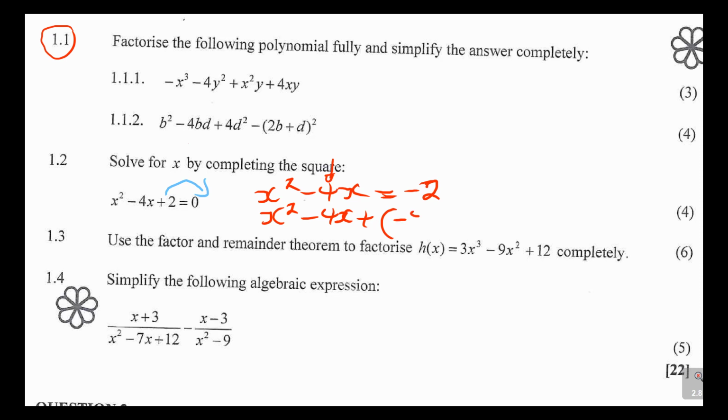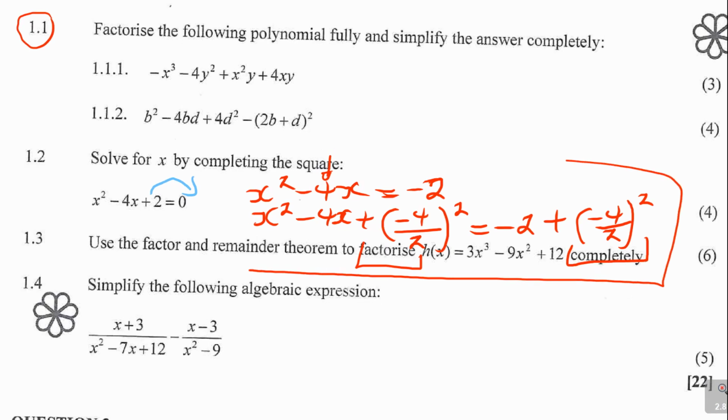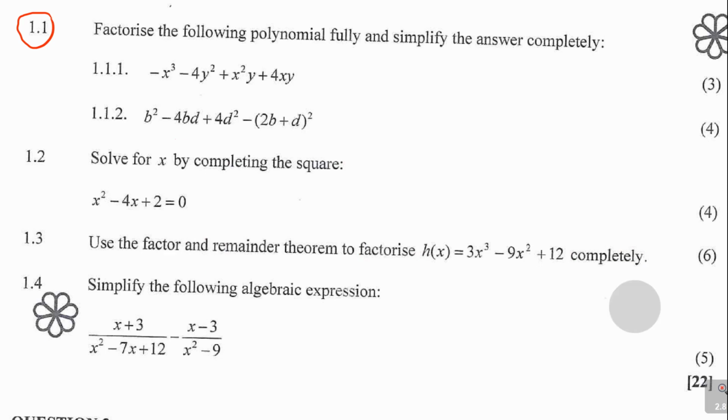So you say minus 4, half that coefficient, and then you square it. What you introduced, you say minus 2, you'd say again plus minus 4 over 2 squared. We introduced it before the equal sign and after the equal sign, and then you do the next steps. As I said, this was the completion of a square they needed there.